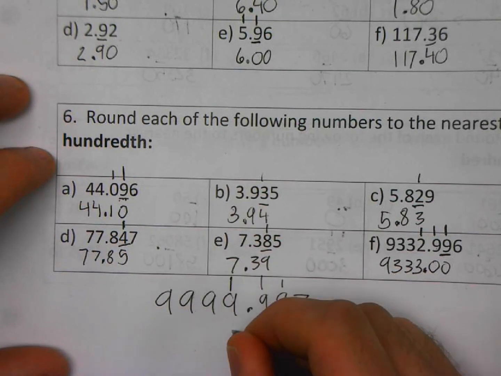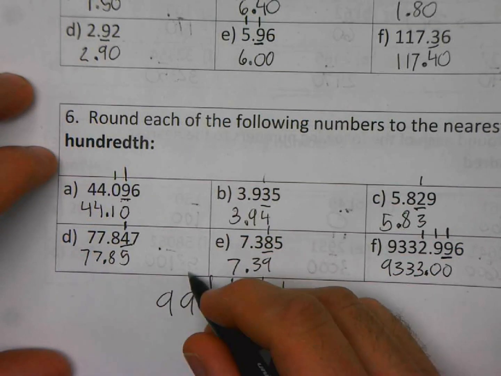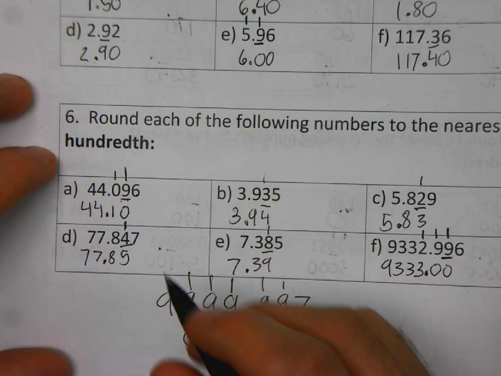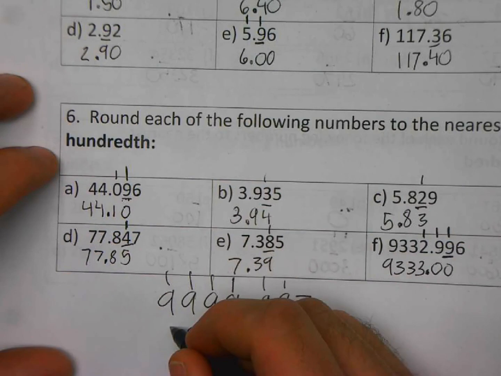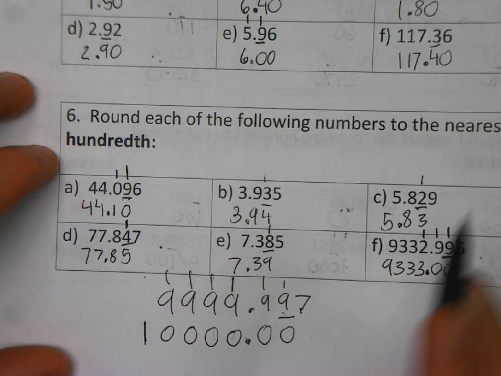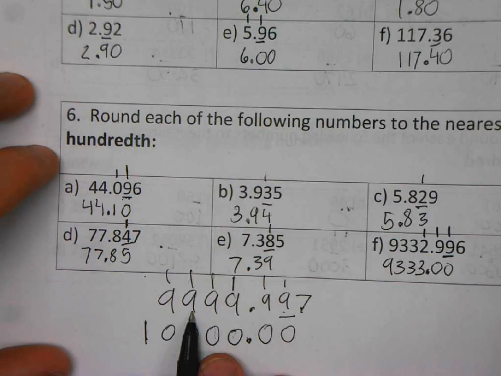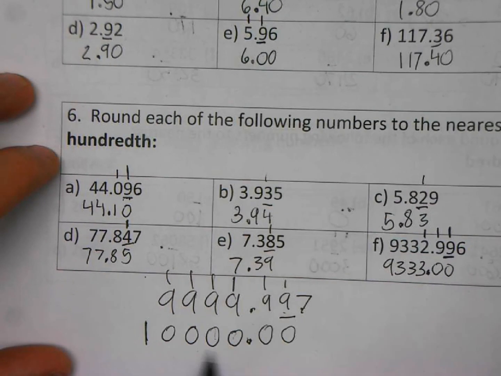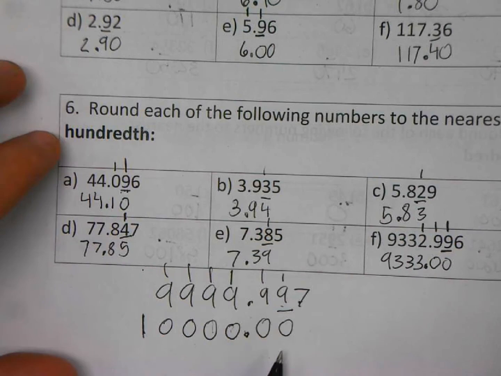I get 0, carry a 1, 0, carry a 1, 0, carry a 1, 0, carry a 1. So we went from 9,999.99 to 10,000. Okay? That's it.